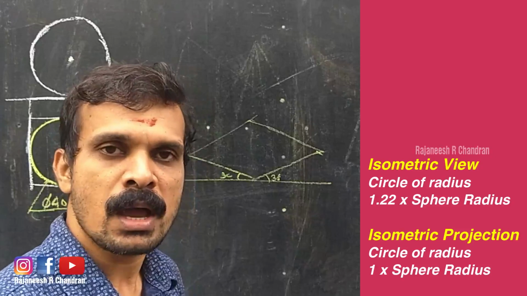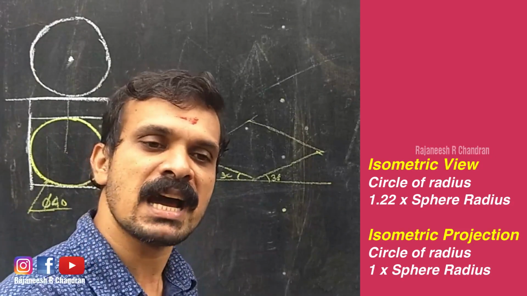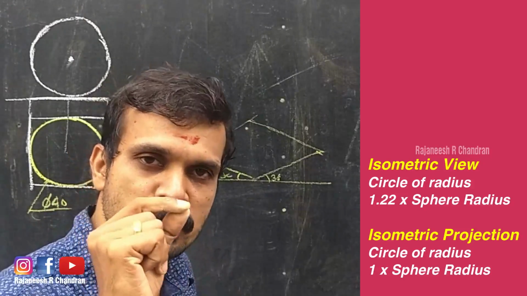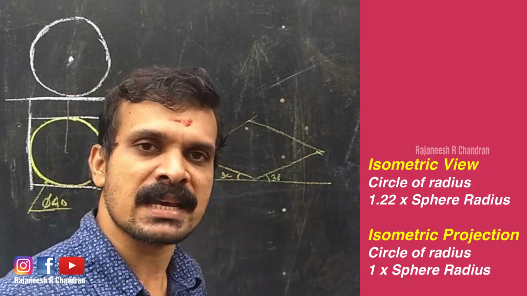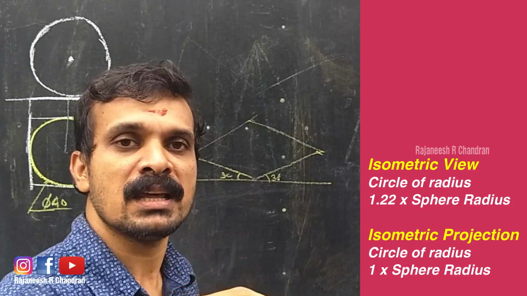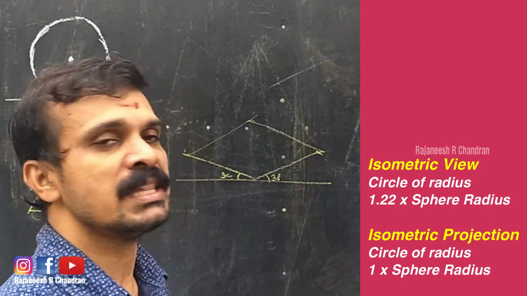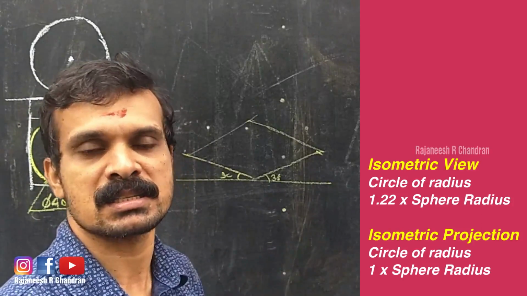This means we have to construct all the things except the circle by the normal method that we have followed till now. And once you obtain the center about which the circle of the sphere is to be drawn, draw a circle with respect to that center with 1.22 into the radius of the sphere. That will be the isometric view of the system.